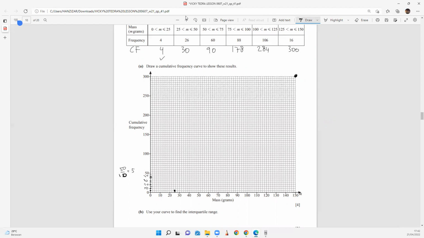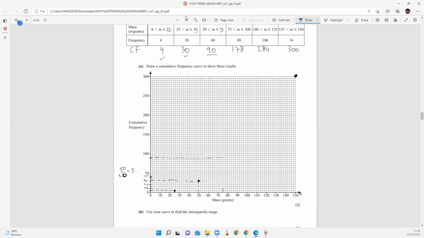From 25 to 50, 30. So 30 is located here, at 50, right? There you go. Right, this is the 30. Yeah, the drawing is very hard. And from 50 to 75, look at the total, the last part, 90. So 75 here, 90 is located here. See? 2 blocks below the 100.